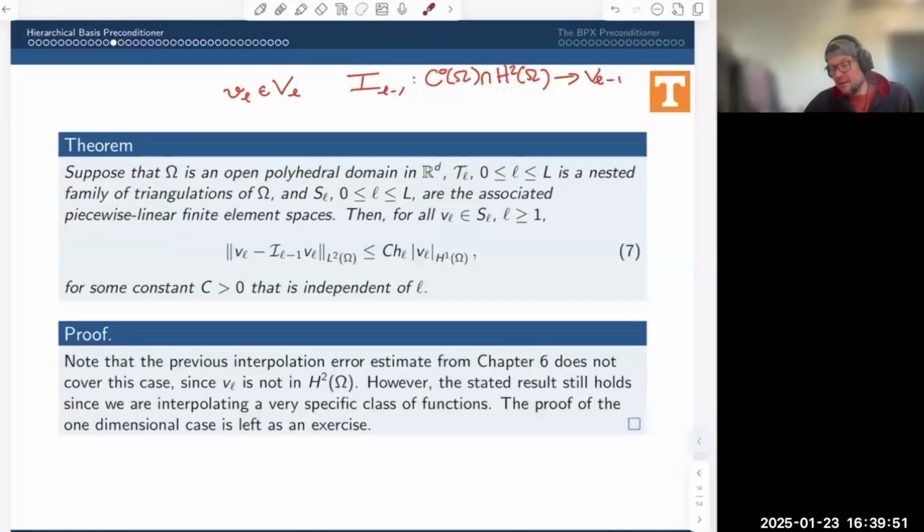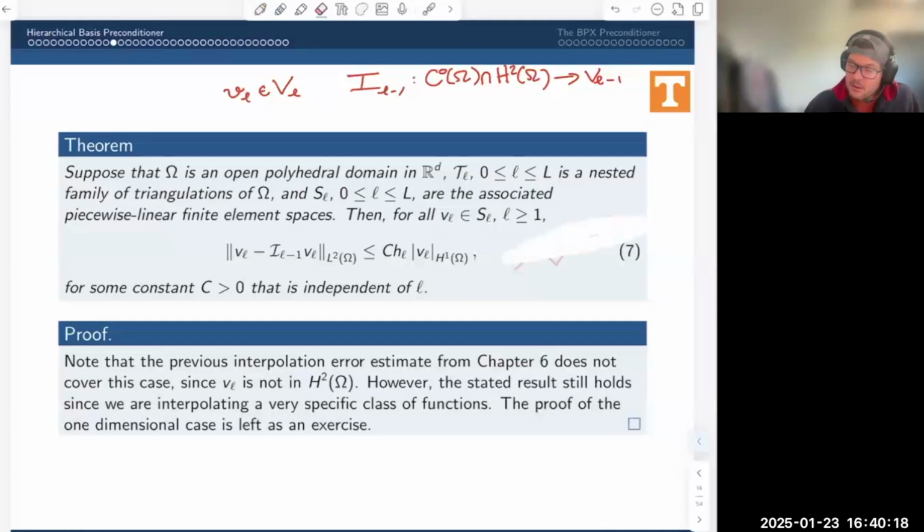Well, that's just not available to us because this function has kinks. That's what a finite element function looks like, right? So it fails to have a weak second derivative at those points. It has a weak first derivative at those points where you have those kinks, but it has no weak second derivative.